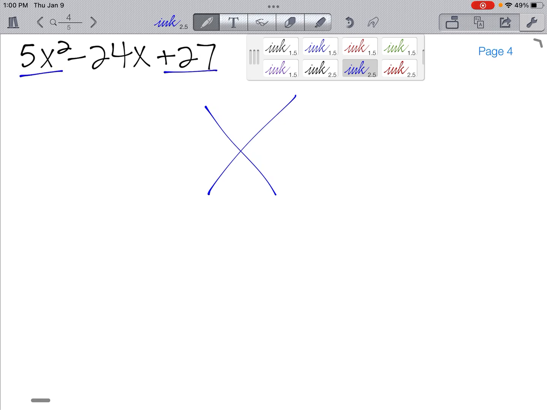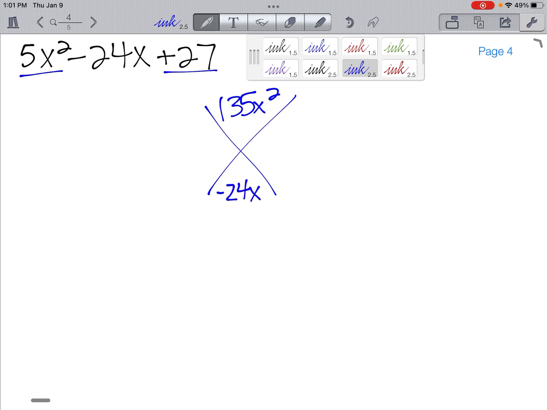If you need to go into your calculator and multiply that out, you can. 5 times 27, we get 135, x squared. And then in the bottom of our x puzzle, we get negative 24x.